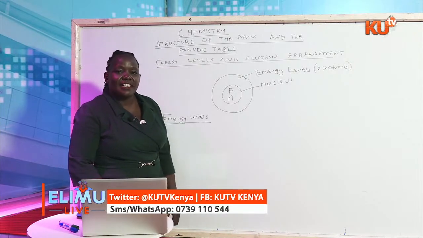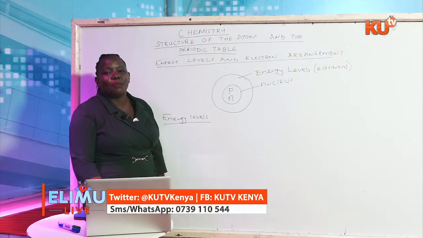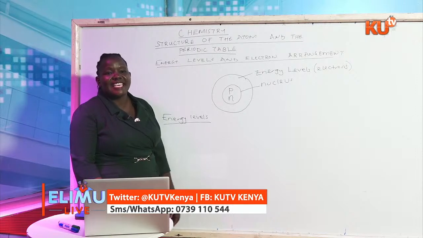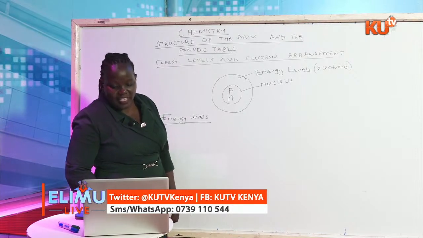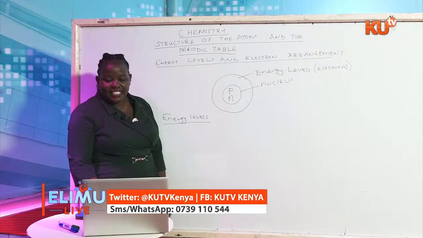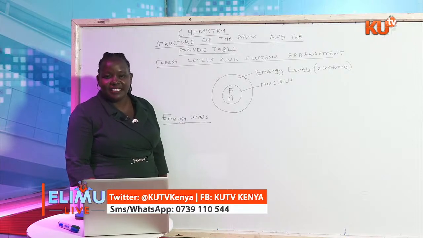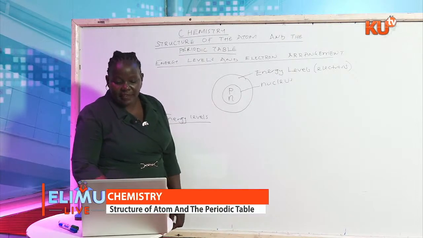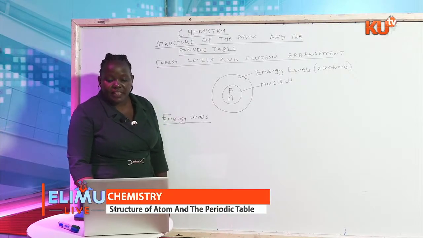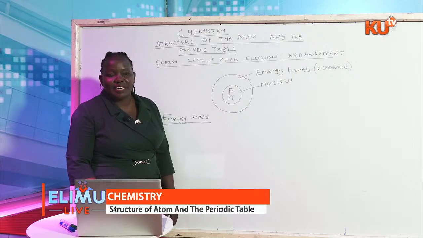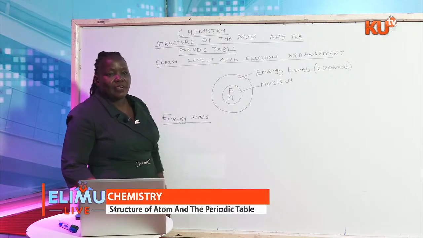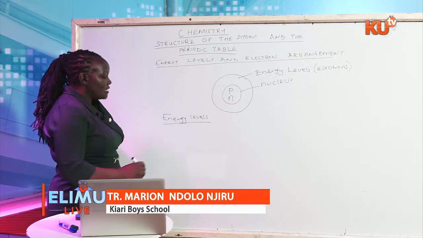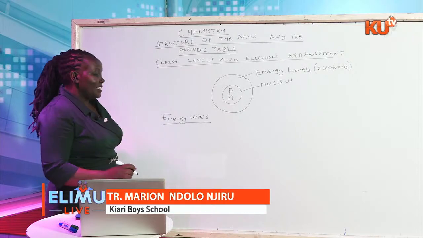That means elements with atomic numbers 1 to 20 have a maximum of 8 electrons in their third energy level. Any other atom that is not in the first 20 elements will carry 18 electrons in the third energy level. So we have seen that each energy level has a maximum number of electrons that it can carry.